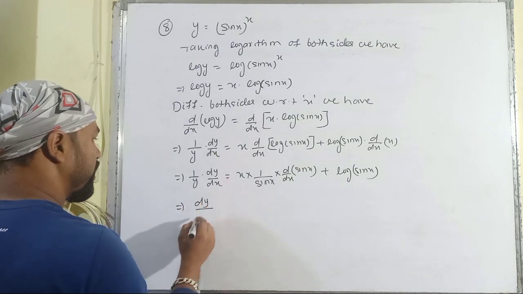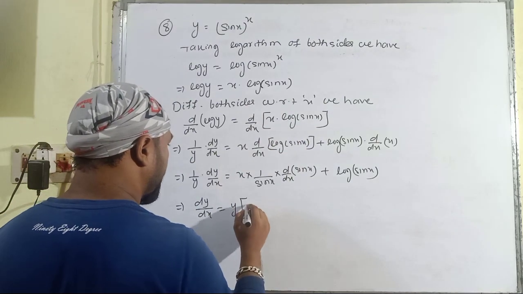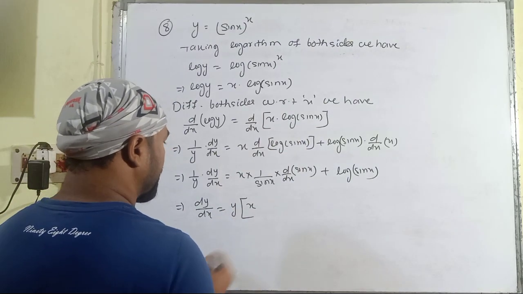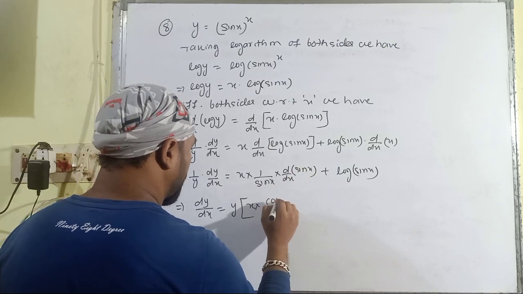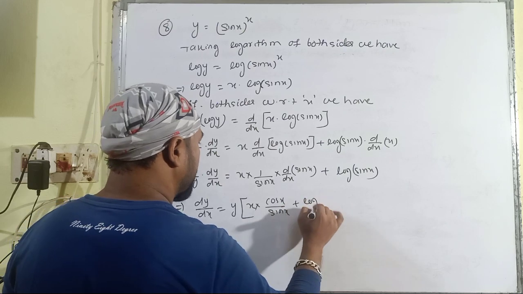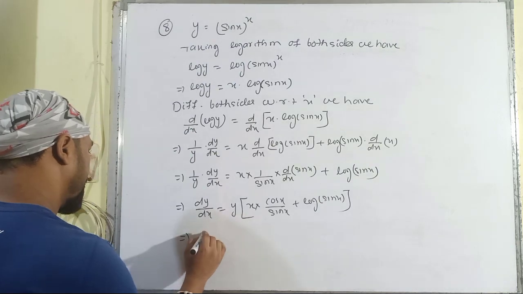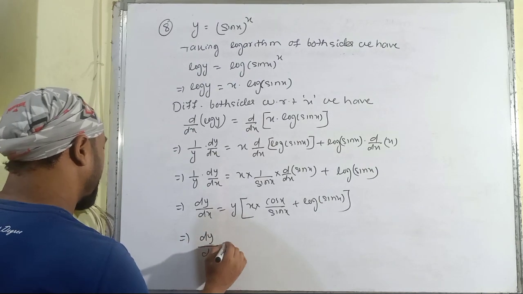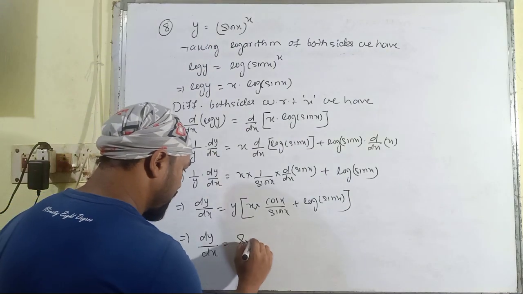Then differentiation of y with respect to x, it is y multiplied with, then it is x multiplied with differentiation of sin x, it is cos x. So cos x divided by sin x is here. Then the unchanged term log sin x. Then differentiation of y with respect to x, just we have to put the value of y, and that is sin x to the power x.